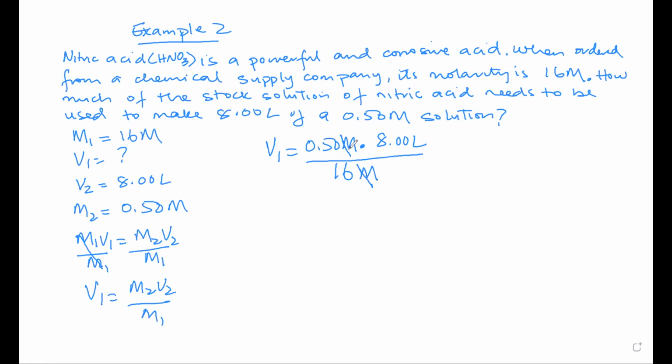So this we cross out. Our answer will be in liters. So this will be 0.25 liter, or you can convert to milliliters. That's it. So we need this much of 16 molar to prepare 0.50 molar solution with a final volume of 8.00 liters.